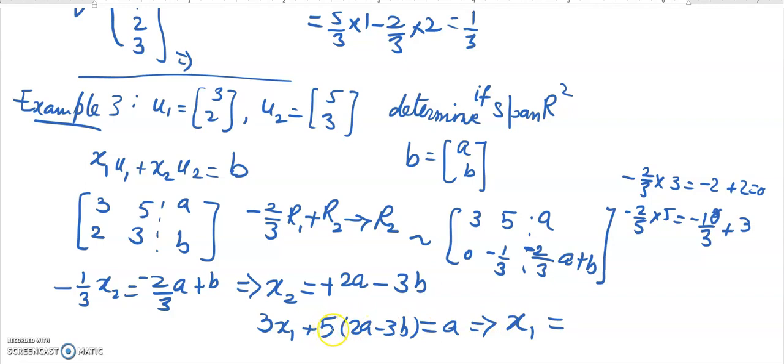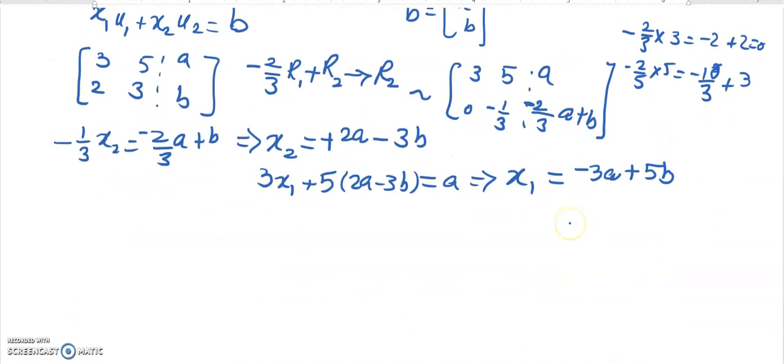Simplify it: a minus 10a is minus 9a, and then minus 9a divided by 3 is minus 3a, and then plus 15b goes to the other side, and dividing by 3 gives plus 5b. So the value of x1 is minus 3a plus 5b, and the value of x2 is 2a minus 3b.